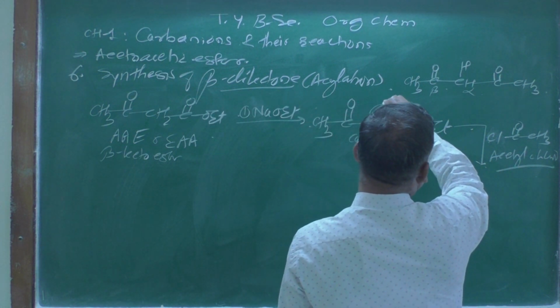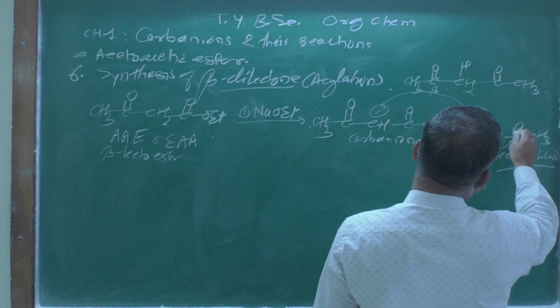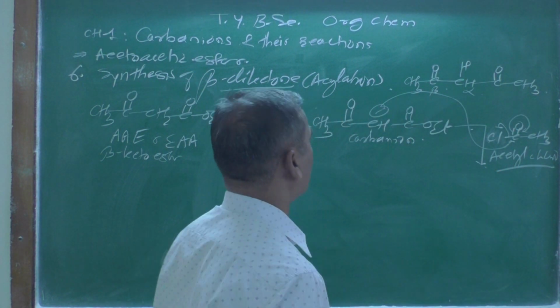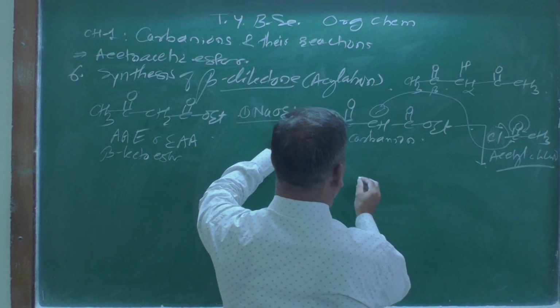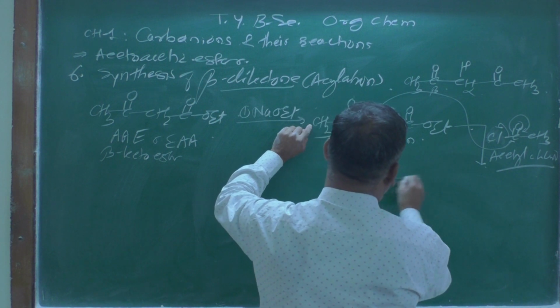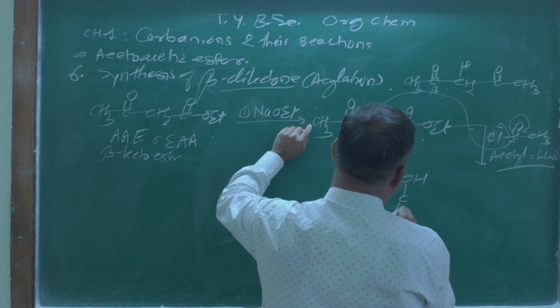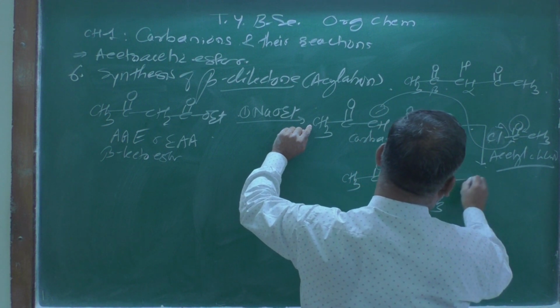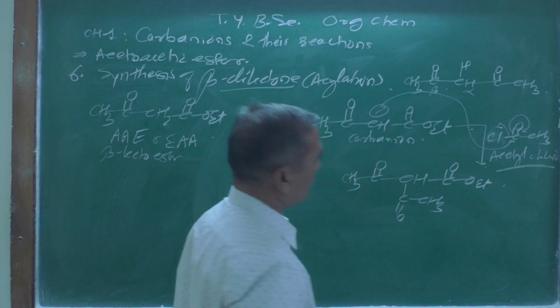This carbanion is going to attack on this carbonyl group, and HCl fumes go into the atmosphere. So finally you are going to get CH3, C double bond O, then CH, here C double bond O, and CH3, here C double bond O, and OEt. We got it, right?